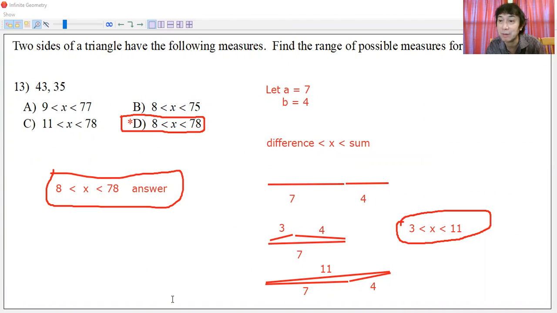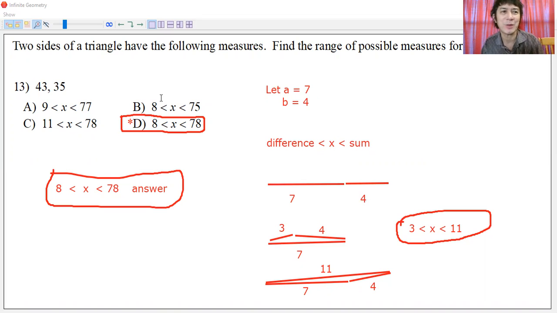This is the formula to get the range of possible measures for the third side for any given two sides. So let's answer the next numbers, and this will be very, very easy.